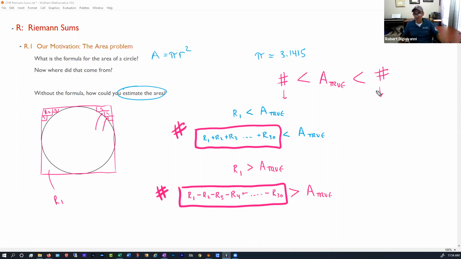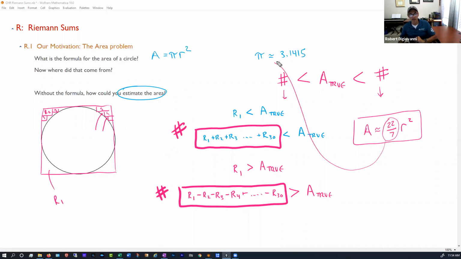Well, the Chinese were the first to really do a good job of this. And what they came up with is the Chinese were able to determine that the area of a circle was pretty darn close to 22/7 times the radius squared. That's what they were able to determine. 22/7 was their approximation of pi.